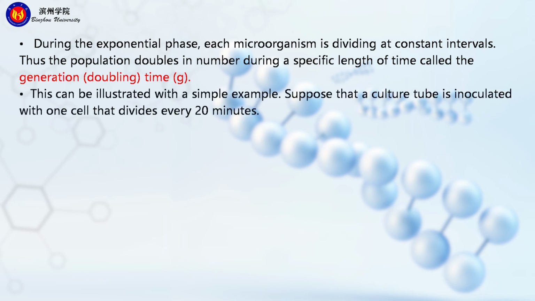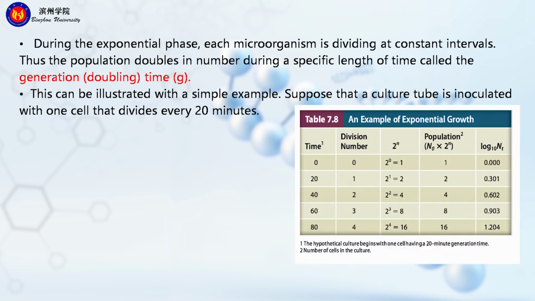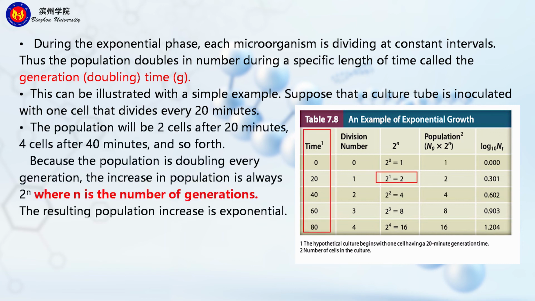This can be illustrated with a simple example. Suppose that a culture tube is inoculated with one cell that divides every 20 minutes. You can see it on the table. The population will be 2 cells after 20 minutes, 4 cells after 40 minutes, and so forth.